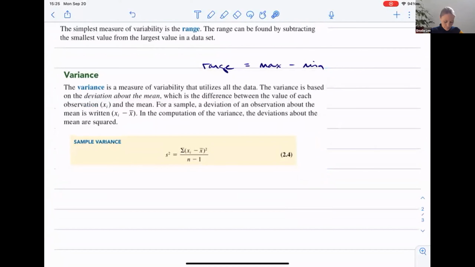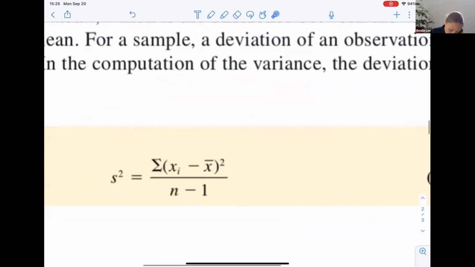So the variance is the deviation about the mean. And so how that ends up working is we take each data point, subtract the mean, square it, right? So if you're doing these by hand, you would probably be making multiple columns.